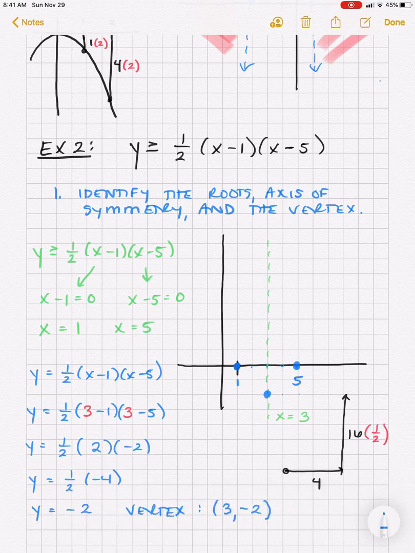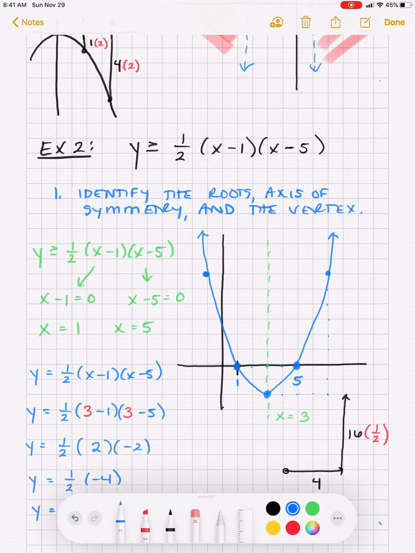So we can move over 4 units from the vertex and go up 8. 1, 2, 3, 4, 5, 6, 7, 8. And then we can reflect that point over here. So there's our parabola with 5 points of accuracy, and we are going to have a solid line this time because the inequality is greater than or equal to.